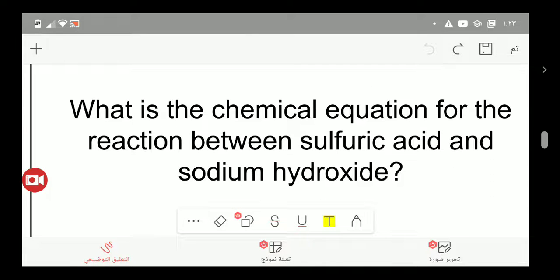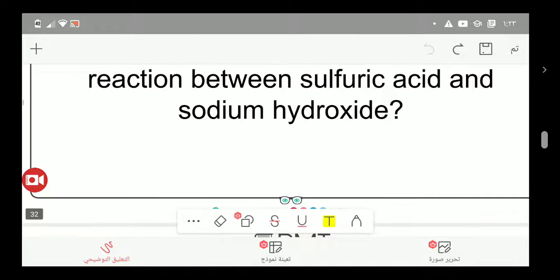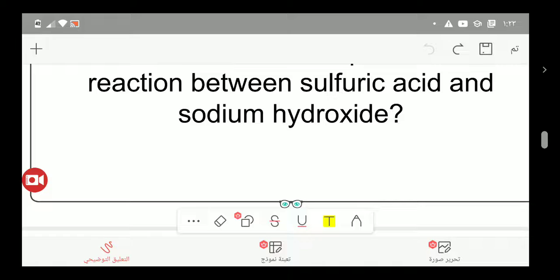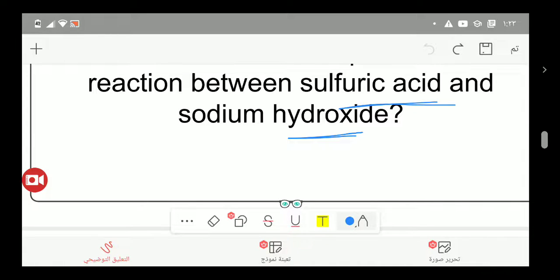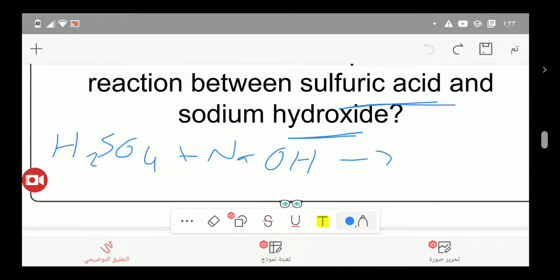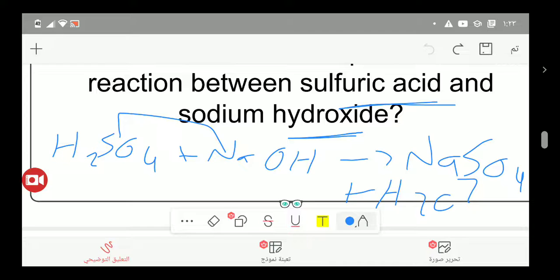Next, what is the chemical equation for the reaction between sulfuric acid and sodium hydroxide? This is a neutralization reaction. Sulfuric acid is an acid, sodium hydroxide is a base. So H2SO4 plus NaOH will give, as I said, sodium replacing hydrogen and forming Na2SO4 plus H2O.